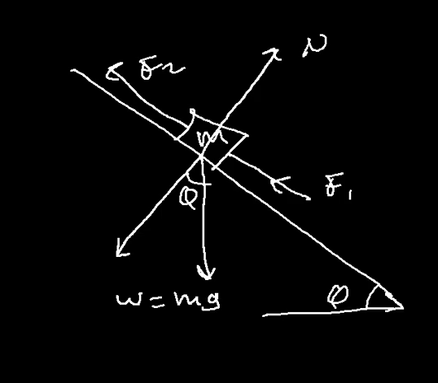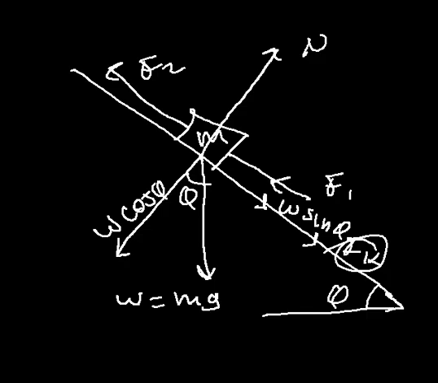Since the surface is rough, there is a kinetic friction force opposing the motion. We should resolve the weight into components: this is the weight cos theta, and this is the weight sin theta. Apart from this, we also have another force, Fk. Since the object is moving up, Fk will oppose the motion.